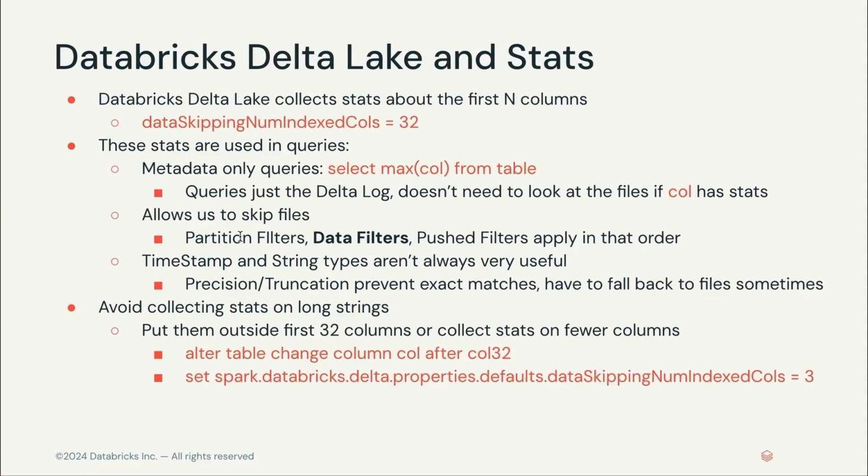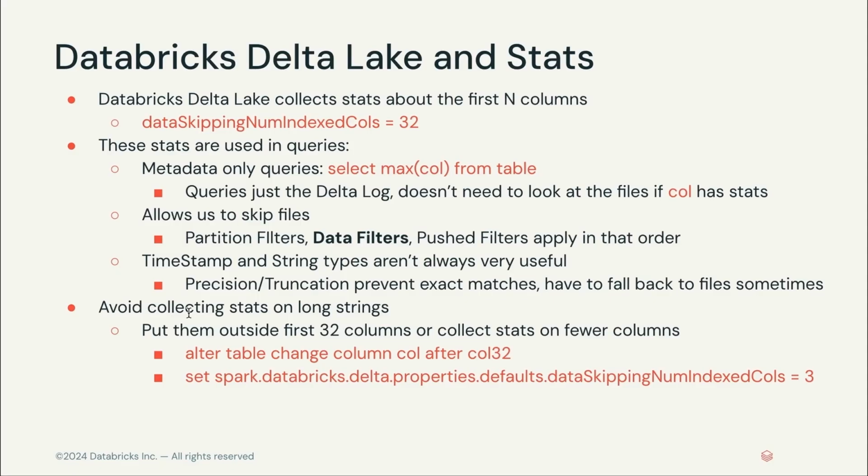And keep in mind that our partition filters, our data filters, and our pushed filters are going to be applied in that order. One thing to keep in mind, though, too, is that our timestamp and string values for those specific types of columns aren't always going to be useful because you might have precision or truncation issues which are going to prevent exact matches, and you'll have to fall back to the file information sometimes.